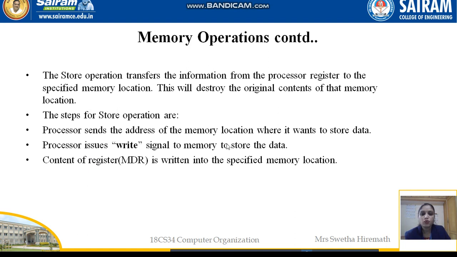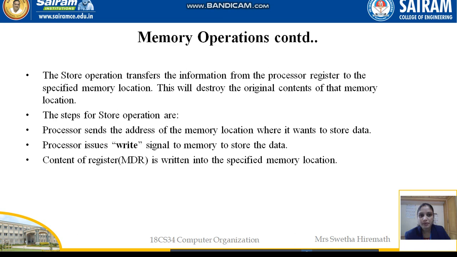So these are the two basic operations performed on memory. In this we mainly make use of two registers, MDR and MAR, that is the memory address register and memory data register, in order to read or write the data from or to the memory.